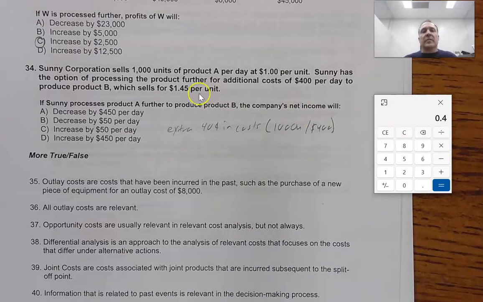But notice that our differential revenue is 45 cents.